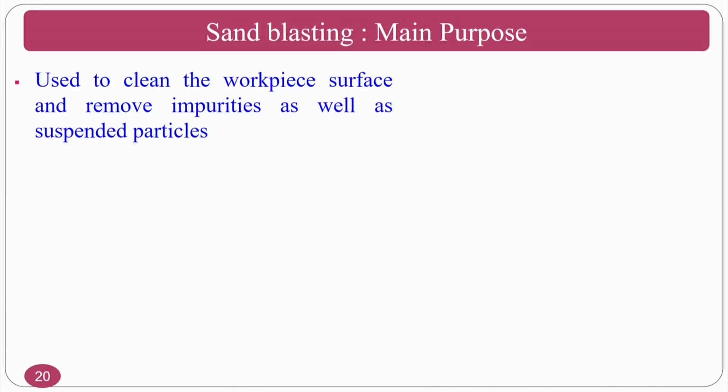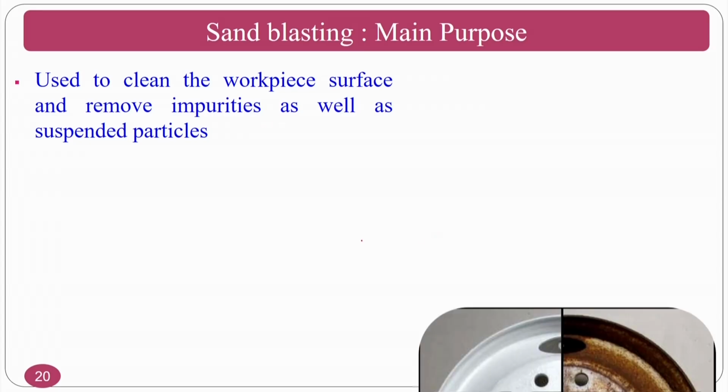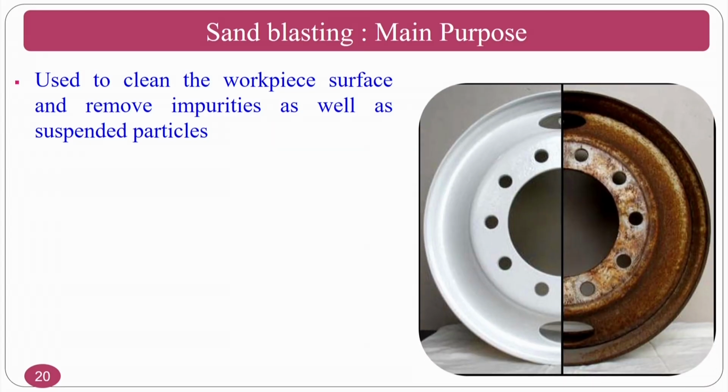The main purpose of sandblasting is to clean the workpiece surface and remove impurities as well as suspended particles. If you see this particular figure, this is the initial surface, which is transformed into a final good surface. Assume I have an oxide film or a rusted film, that is removed. At the same time, the surface is contoured, that means the surface pattern is different.